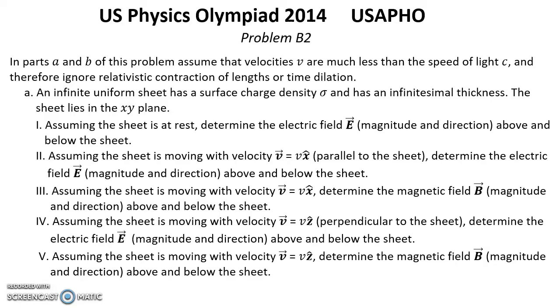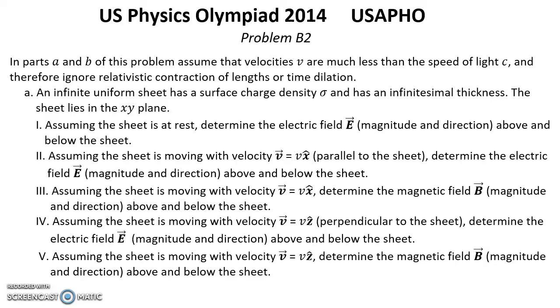Question 3. Assuming the sheet is moving with velocity v in the x direction, determine the magnetic field B, magnitude and direction above and below the sheet.